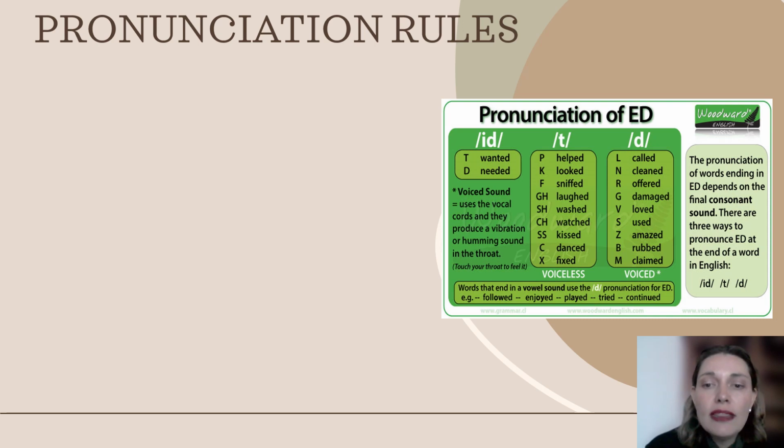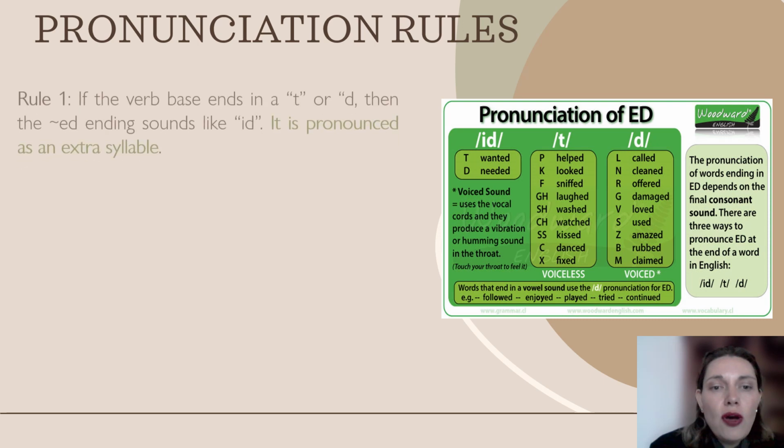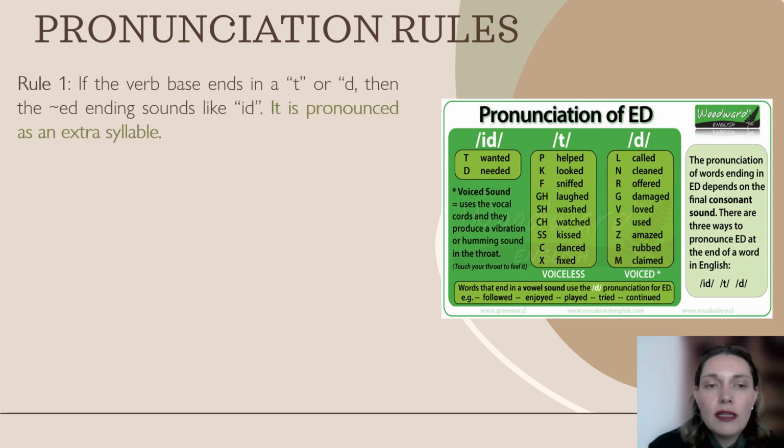There are three different ways to pronounce ed at the end of the words. We checked this in the previous slides, and these three different sounds are id, t, and d. Now let's go for the rule number 1.